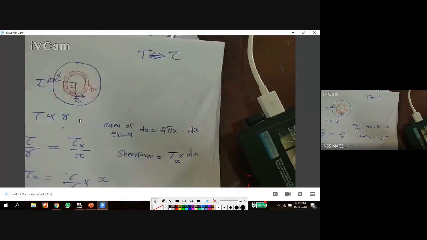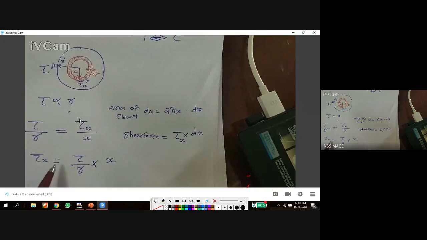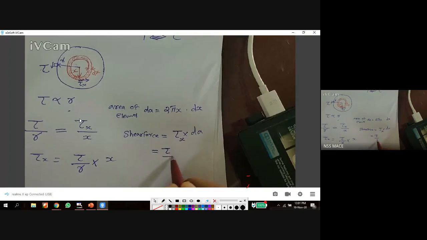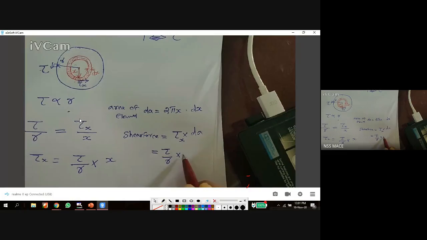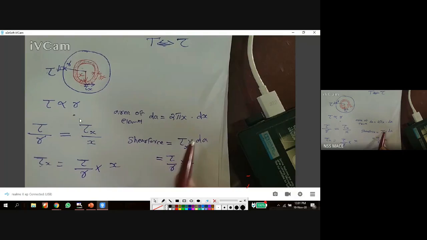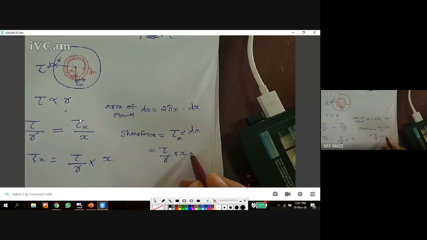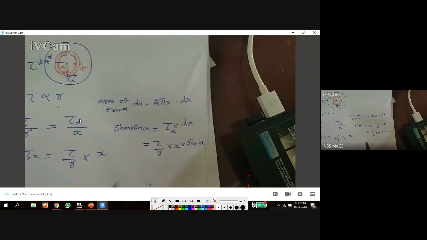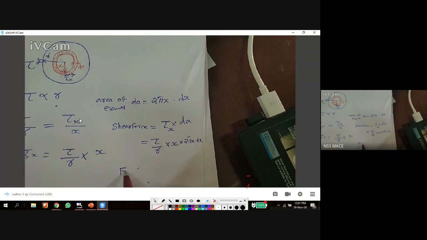Already we derived the tau x value, so this is equal to tau by r into x into dA. What is the value of dA? dA is equal to 2 pi x into dx. Stress is force by area, which is why I wrote shear force is equal to stress into area.